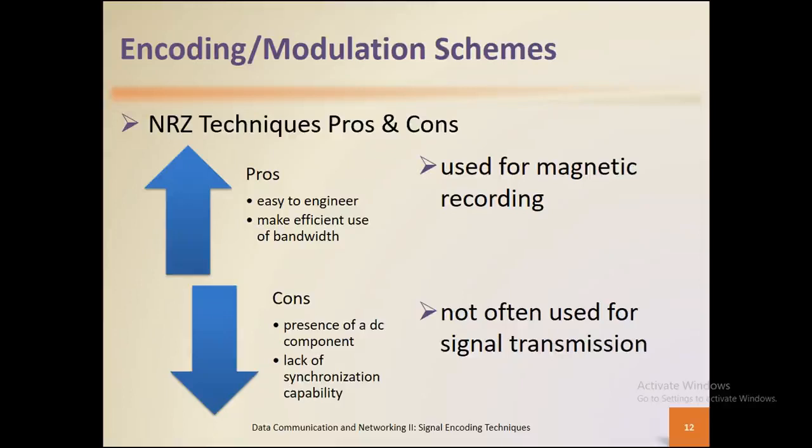Without synchronization at the clocking level, you'd have a lot of congestion of the signal and factors that would really impede its integrity, or make it prone to errors. So ideally, when it comes to data transmission, the non-return to zero techniques are not highly employed. We'll look at much more efficient and effective signaling techniques that are used for data transmissions.